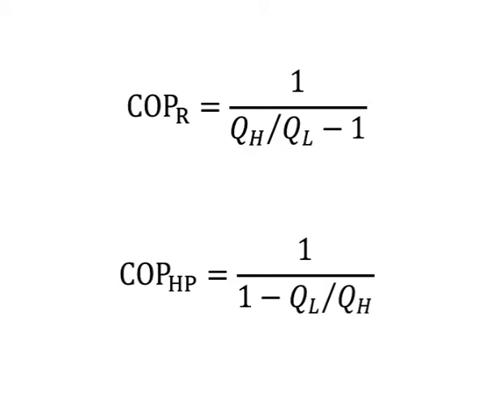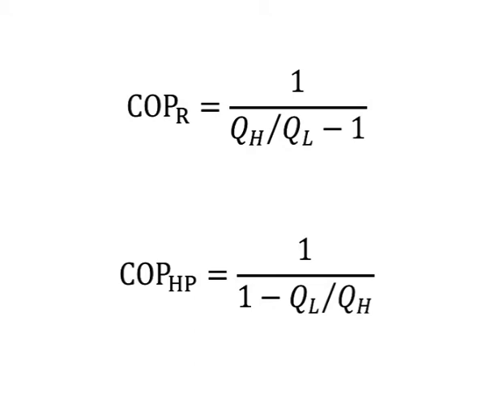Here QL is the amount of heat absorbed from the low temperature medium and QH is the amount of heat rejected to the high temperature medium. The coefficient of performance of all reversible refrigerators or heat pumps can be determined by replacing the heat transfer ratios by the ratios of the absolute temperatures of the high and low temperature reservoirs.